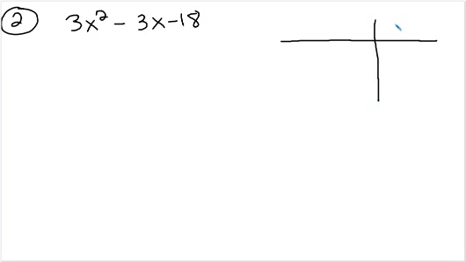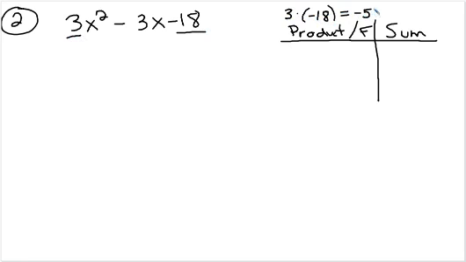We're going to always have a sum, and we're thinking product-sum method, so I'm going to put product and sum even though we're listing factors. So I do 3 times negative 18. 3 times negative 18 is negative 54.